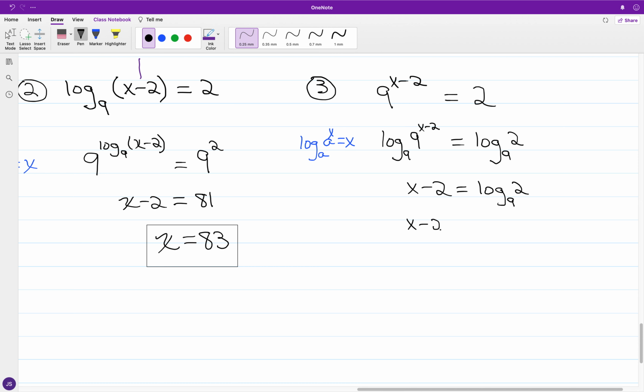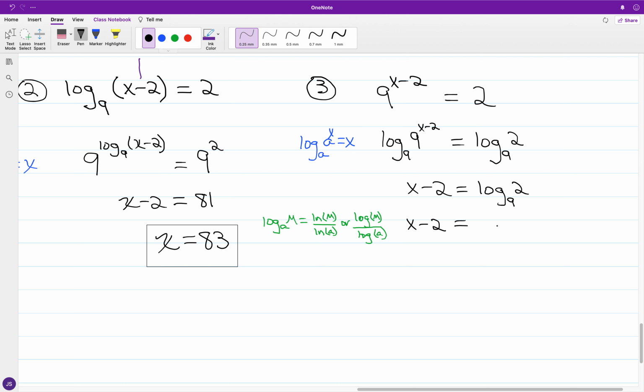In approximating the base 9 logarithm of 2, again we can apply the change of base formula. Just a little reminder: the base a logarithm of m is the natural logarithm of m over that of a, or with the same arrangement, we can apply base 10 logarithms. Either way.